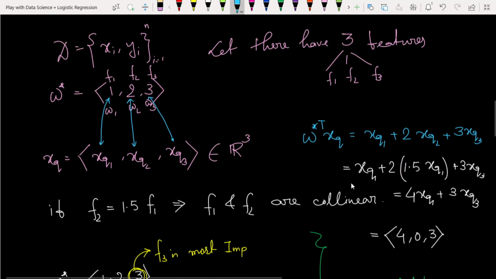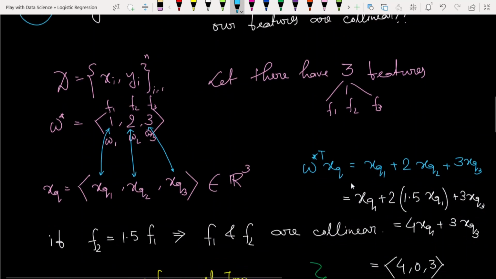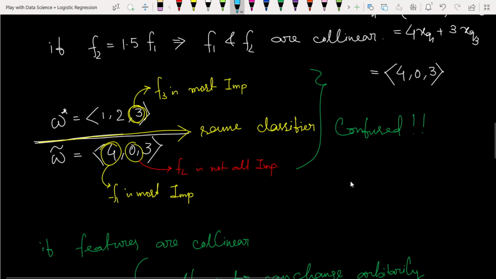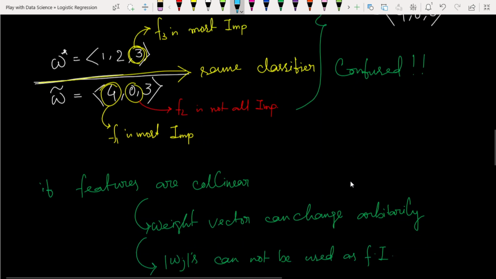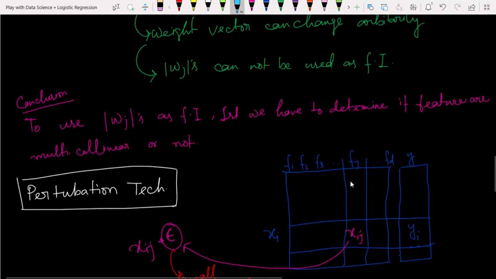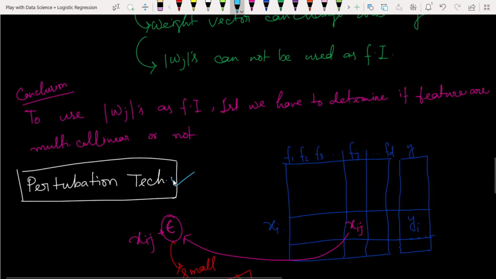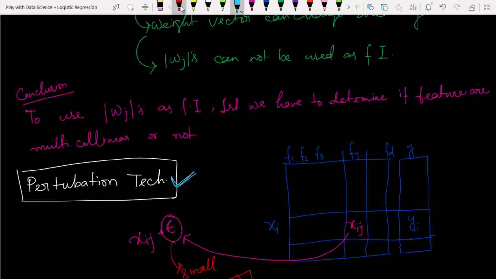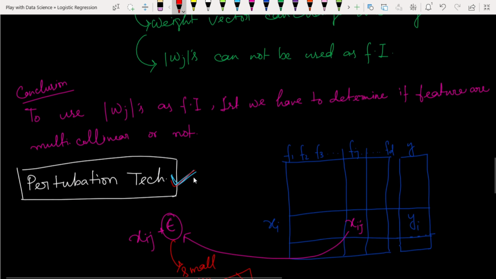To avoid this problem, first we have to check whether the features are linearly independent or not. To check this, we use the perturbation technique. How do we use it?